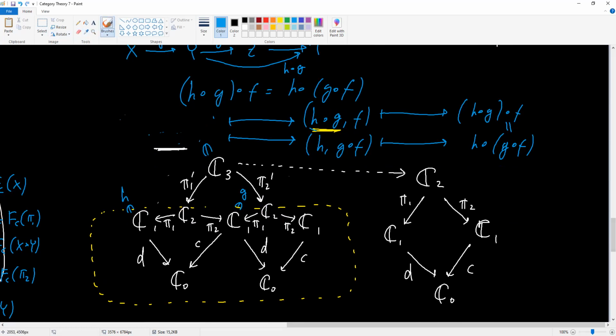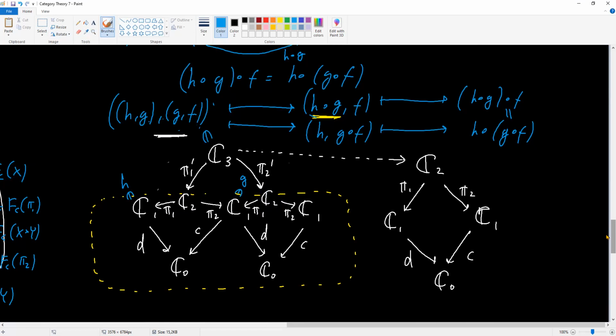So it will be a pair of pairs, HG and GF. So why will it be so? Because HG is what lives on this side of C2, and GF is what lives on that side. And now I want pi2 of that, which is G, to match with pi1 of the other one, which is also G. So that's why I put the same G on here and there, because of the fact that this C3 will be a pullback over this one.